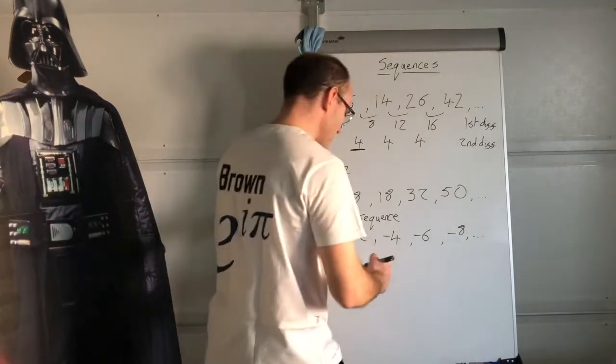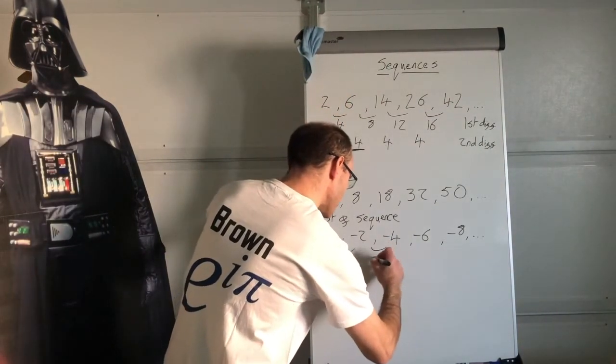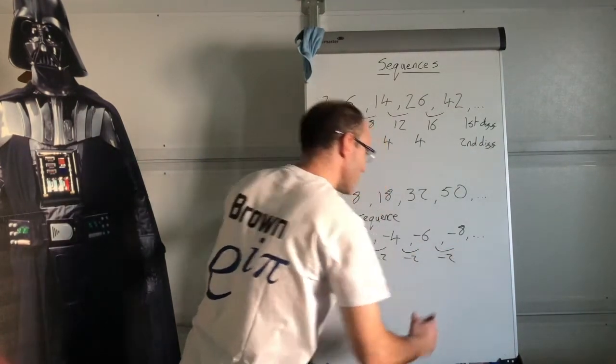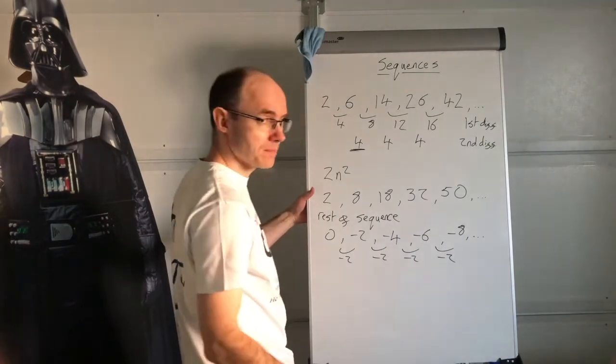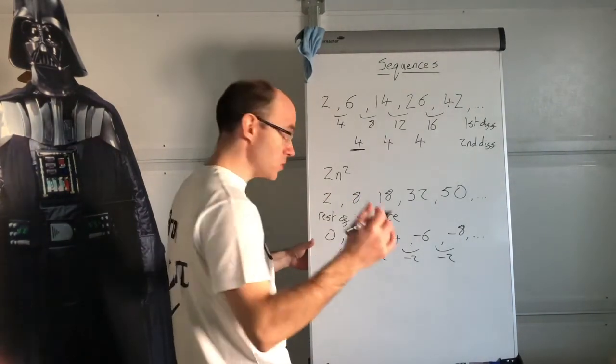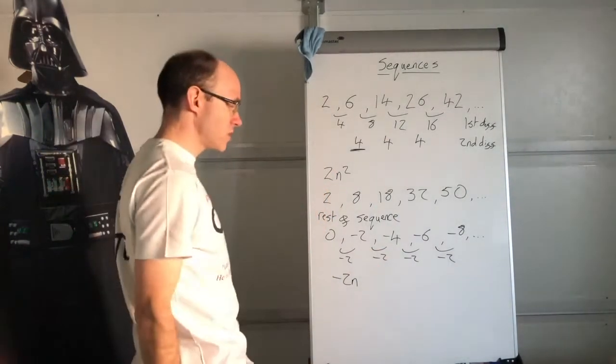So we work out the common difference. This time, because they're going down in twos, the common difference is -2. What that means is it's something to do with the -2 times table. Therefore, the sequence will be something to do with -2n.